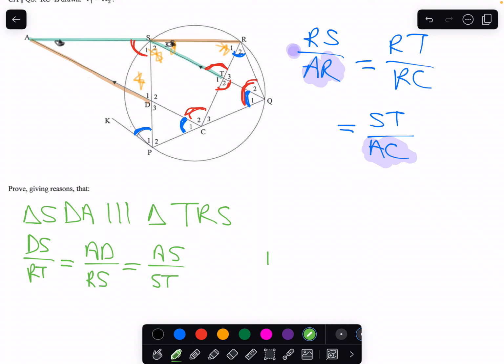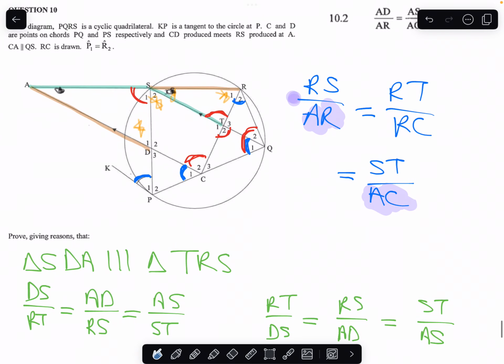Okay, we can also write them the other way around, because I'm seeing that over here I have my RS's and ST's on top. So RT over DS is equal to RS over AD is equal to ST over AS.